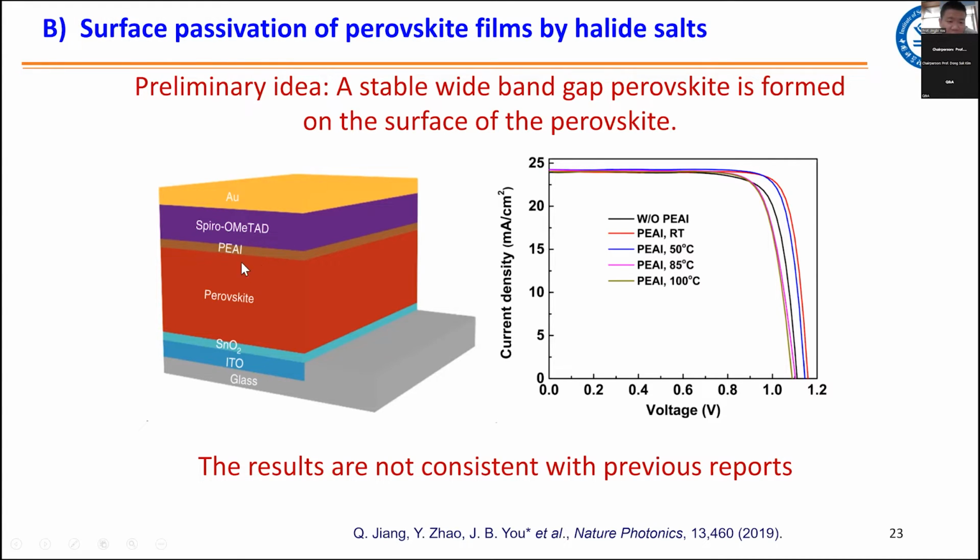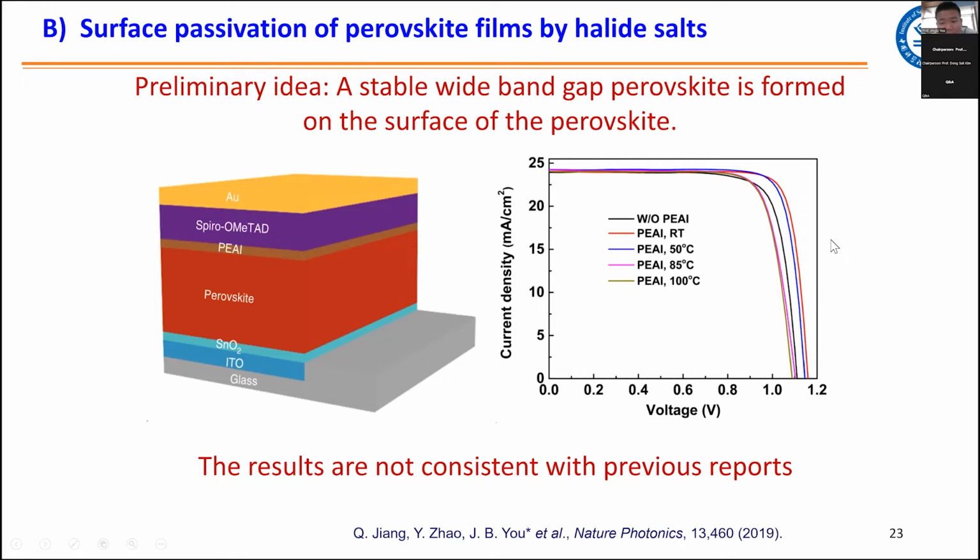We found a very strange phenomenon in our system. We just spin coated this organic iodide molecule on the surface. We found that without any treatment, the device performance is wonderful. However, if you heat it, the device performance is reduced.